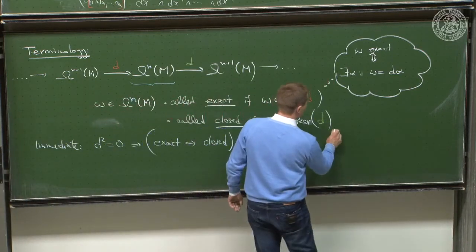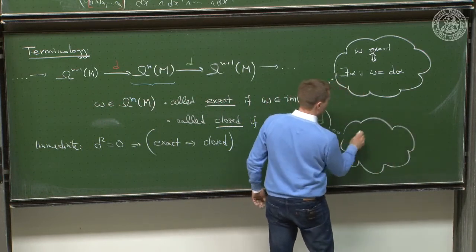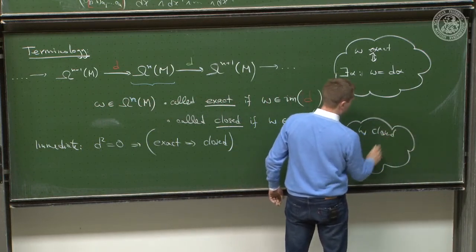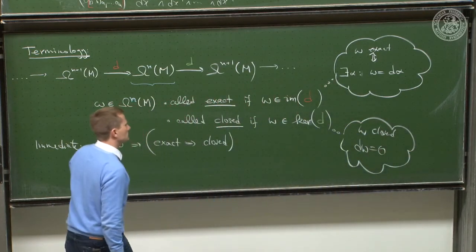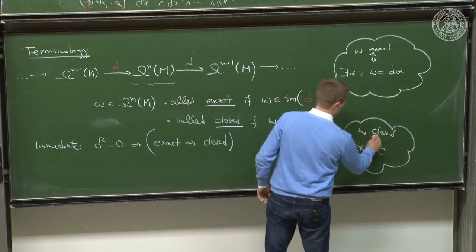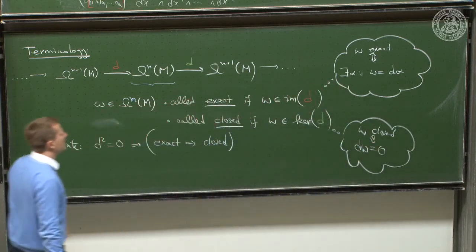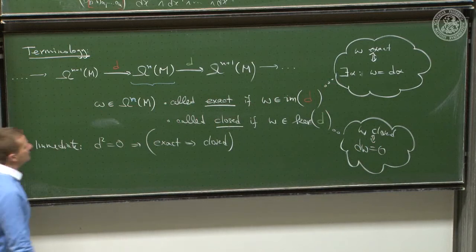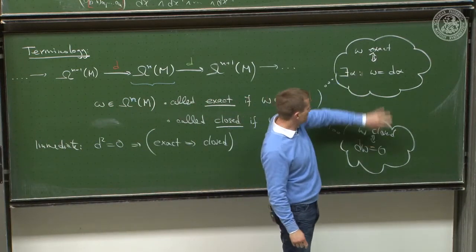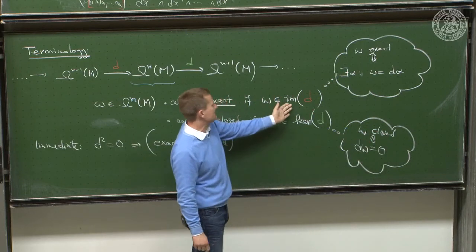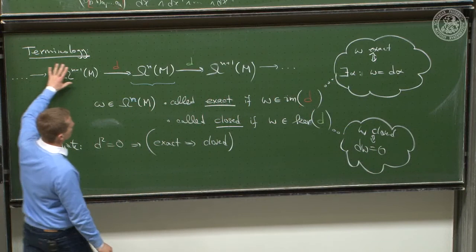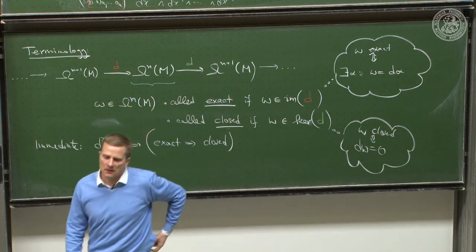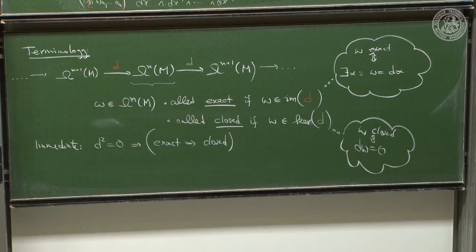And of course, omega closed means that d of omega is 0. So this is just a reformulation, and you need to be able to switch between this formulation of exact, which is precisely this definition, but here it's useful to think in terms of images and kernels if you think about the sequence. Okay, and now we go back to this electrodynamics problem.